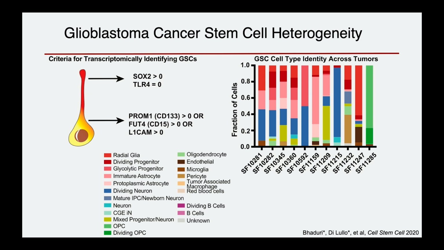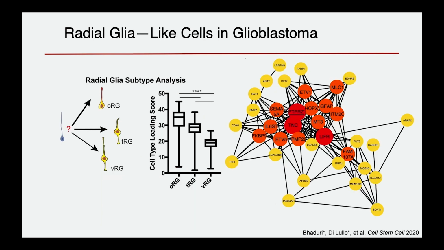Now, as I mentioned, one of these cell types was radial glia. And from our work looking at the developing human brain, we were interested to know whether there was any correspondence between the radial glia and subtypes that have been defined in the human brain. And we were surprised and excited to see that the top similarity was to these outer radial glia, which, as you remember, are expanded in the human brain compared to the rodents.